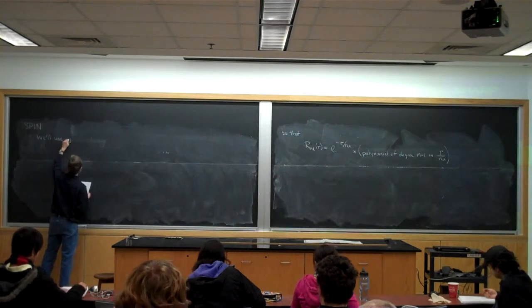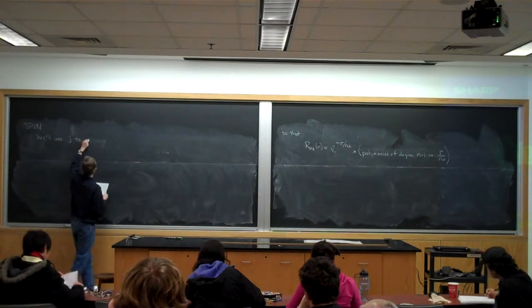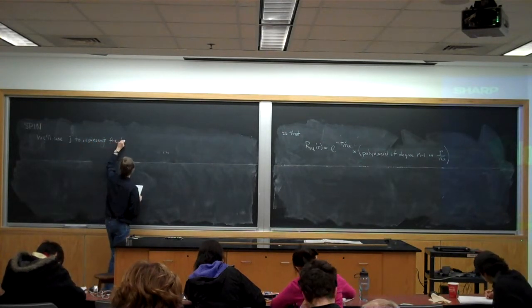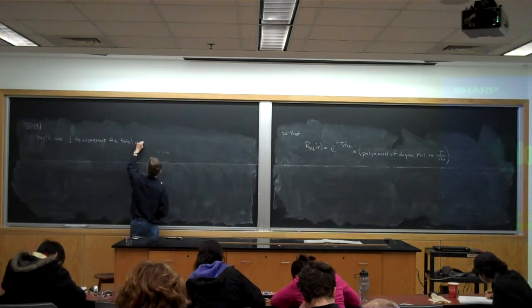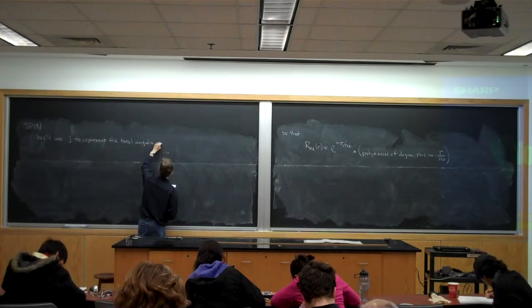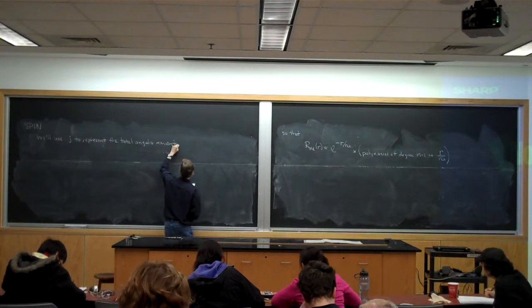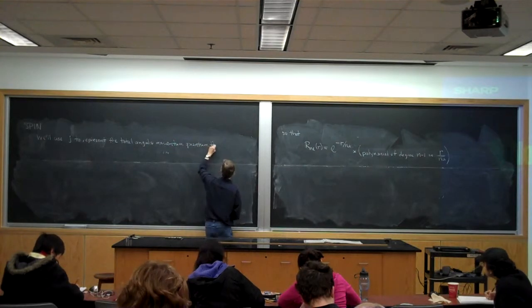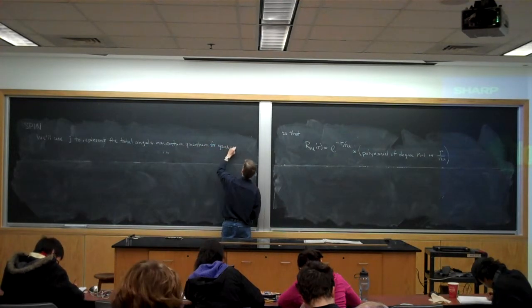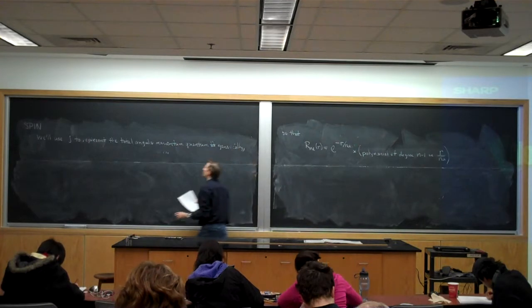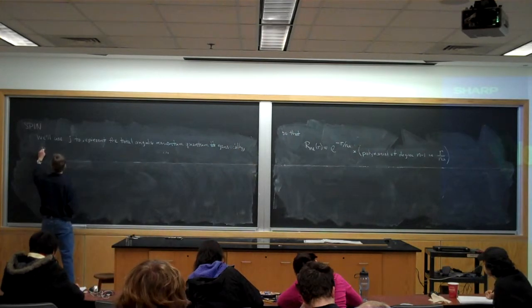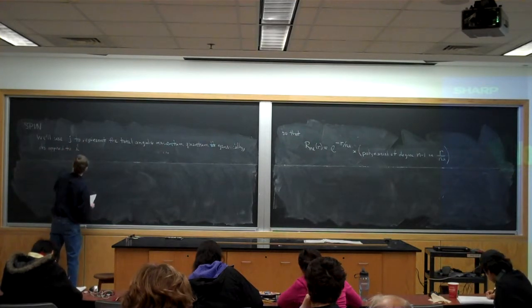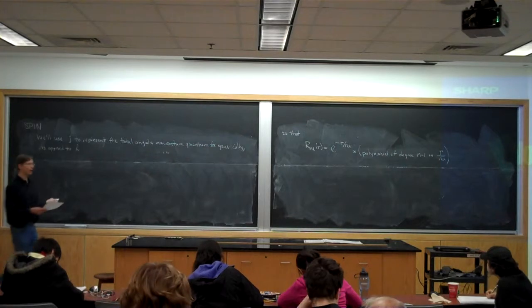What we're going to do is we'll use J to represent the total angular momentum quantum number generically, as opposed to what we've used for orbital angular momentum. We'll call that L.